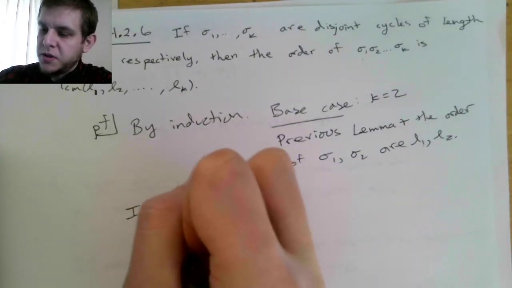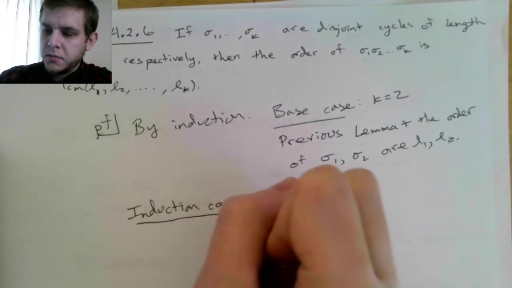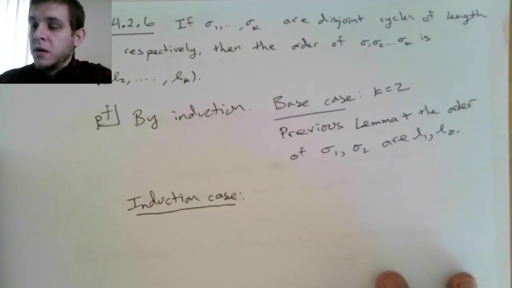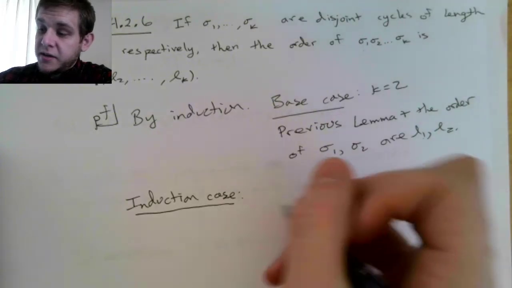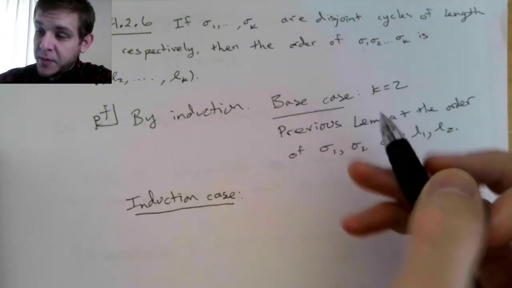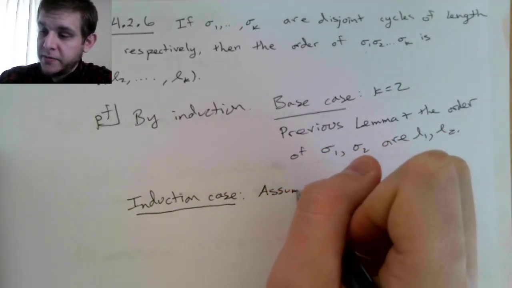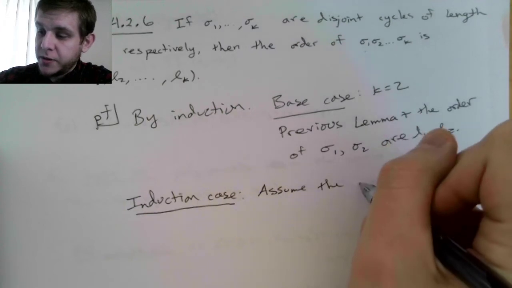So I just take the least common multiple of L1 and L2. So now we prove the induction case. The induction case is when I assume that I have it for k minus 1 and I want to prove it for k. So assume the theorem for k minus 1.